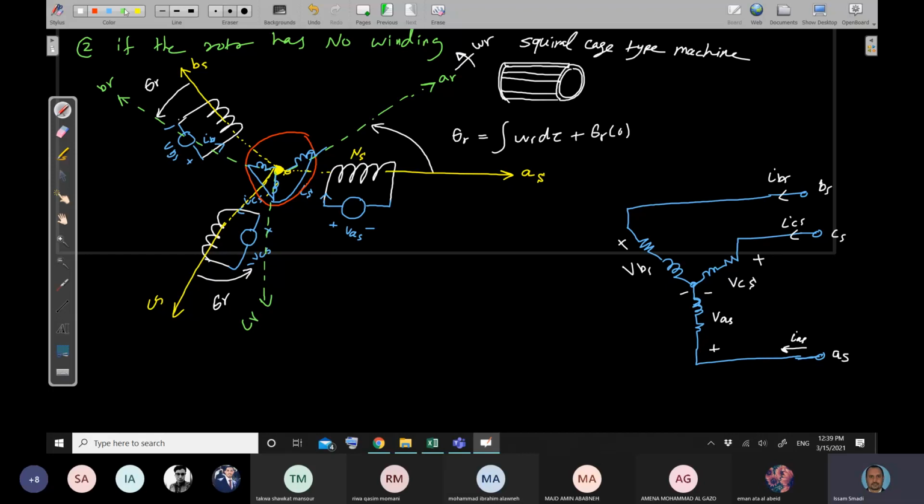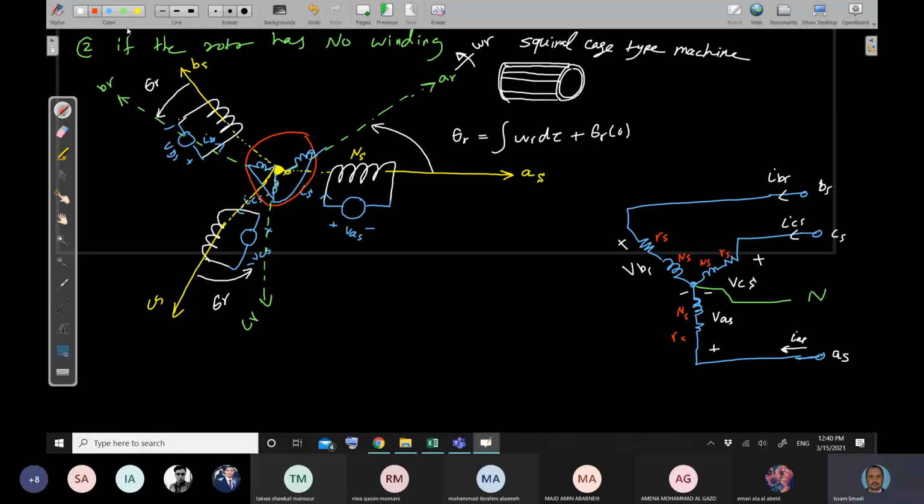And this is what we call the neutral point. Now, because I'm assuming a symmetrical machine, this means that the coils or the windings are identical. So they consist of the same resistance, RS, RS, RS, and the same equivalent terms, NS, NS, and NS.